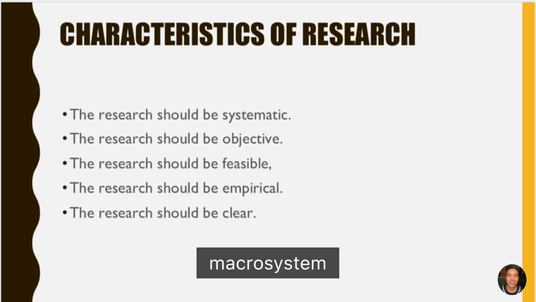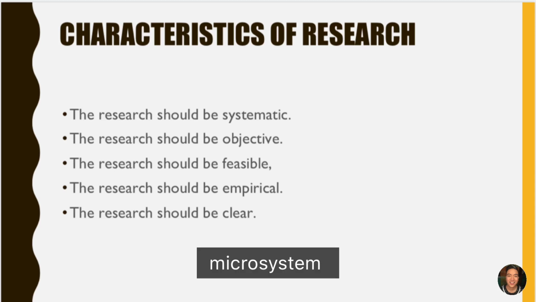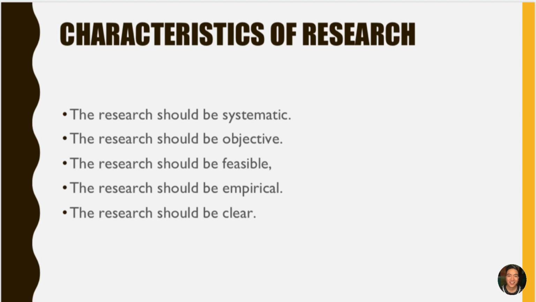So the macro system is composed of the chapters that are organized in a logical and scientific manner. On the other hand, when we say microsystem, it consists of detailed contents of each paper. So the contents are further divided into elements that are organized following a systematic procedure.